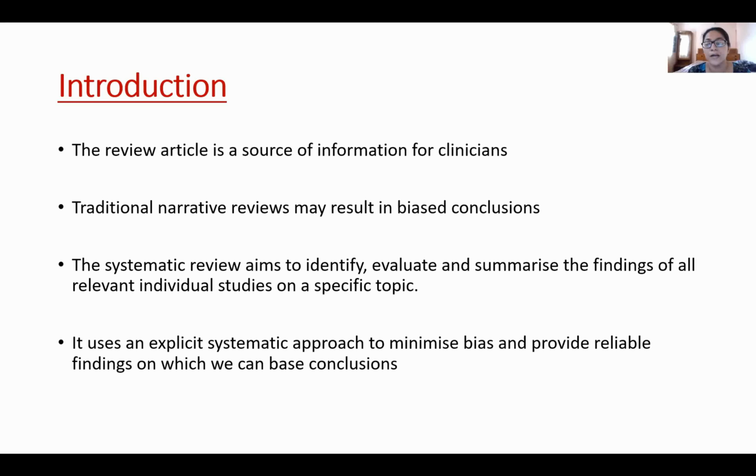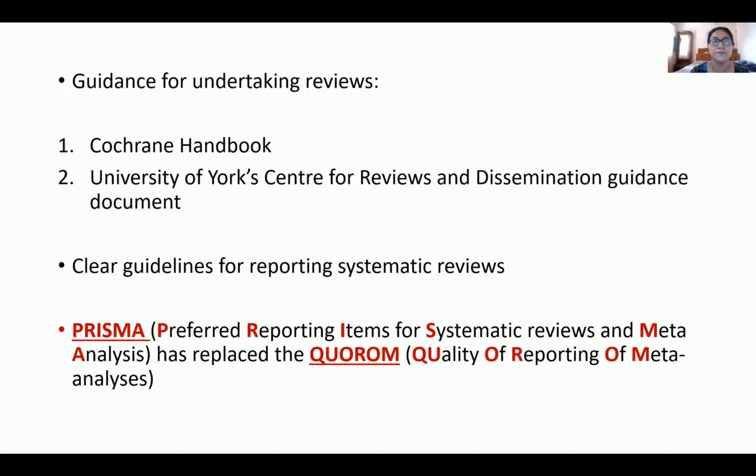To overcome this issue, the systematic review was developed. The systematic review aims to identify, evaluate, and summarize the findings of relevant individual studies on a specific topic. It uses a systematic approach to minimize the bias and provide reliable findings on which we can base our conclusions.